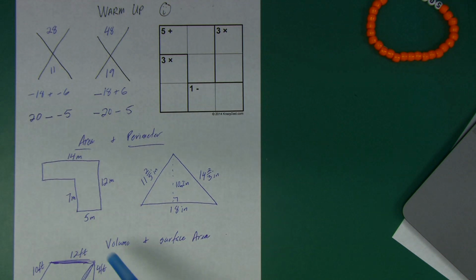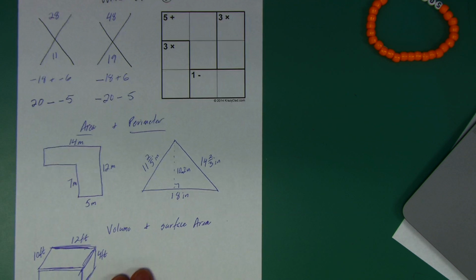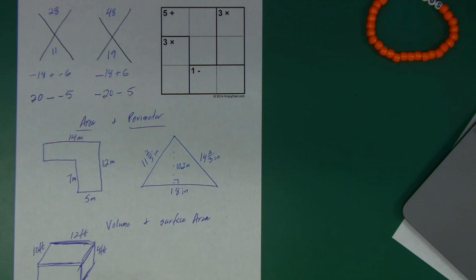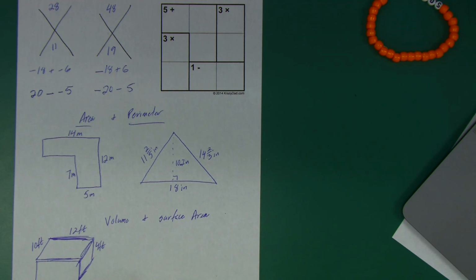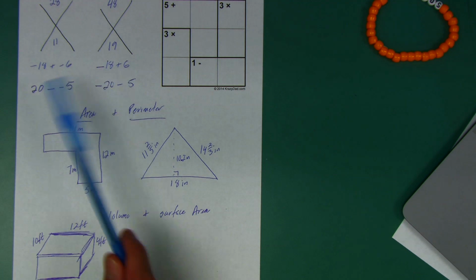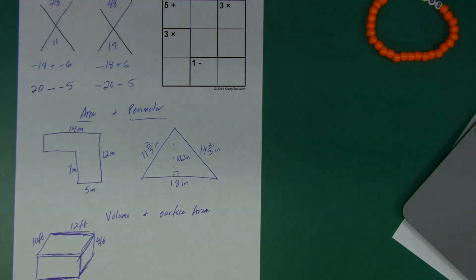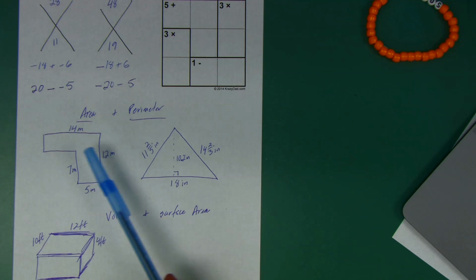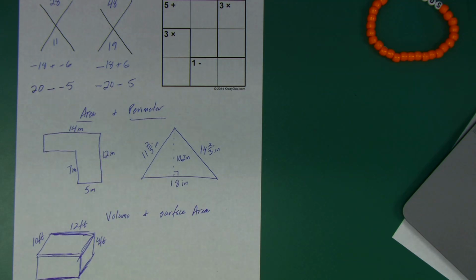Got some volume and surface area problems, along with our regular diamonds and a 3x3 KenKen. I'll put a 4x4 on the back, and I'll put the answers in the stream if you want to challenge yourself. But all you have is 4 integer problems, adding and subtracting, and 2 area and perimeter problems.